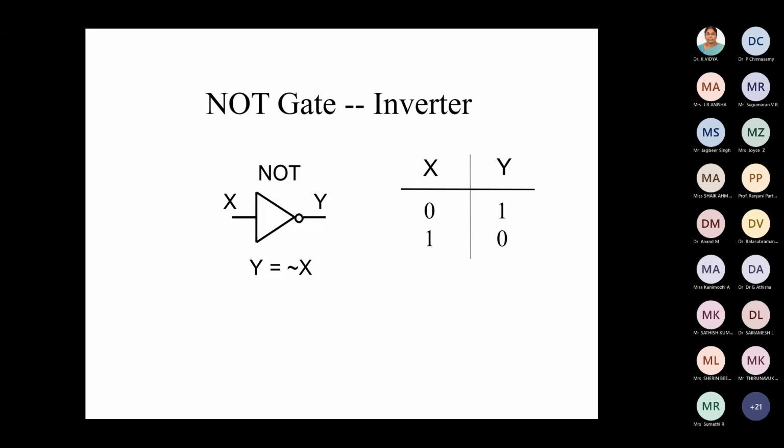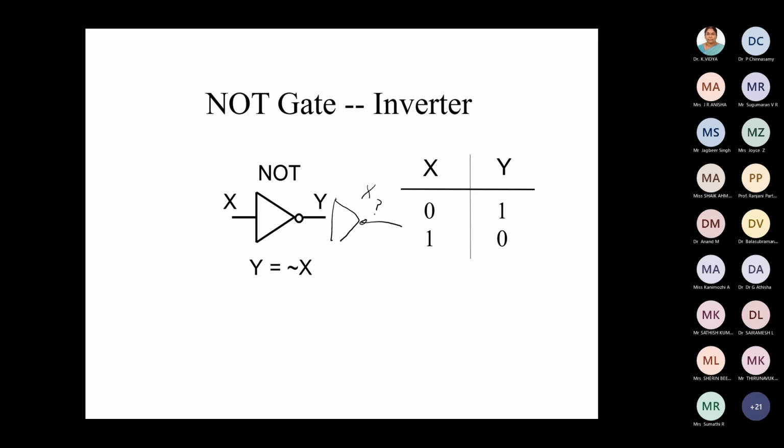So what happens if I apply a NOT gate again here? Can anyone tell what I will be getting here? The same input. So what is that input? X. The same input. So if you apply the NOT gate 2 times, then you will get the original thing.